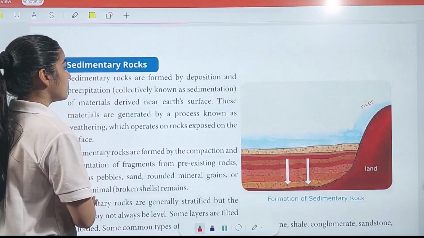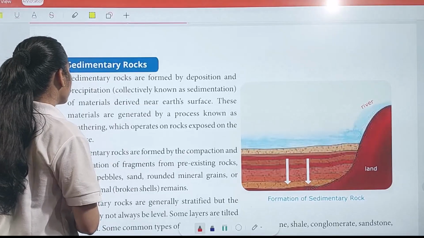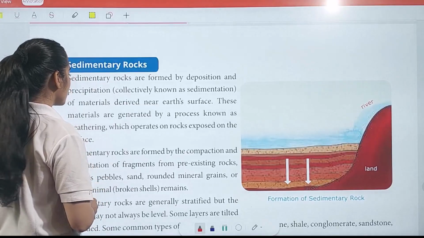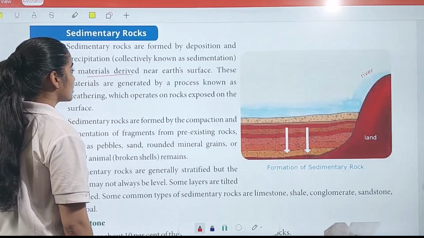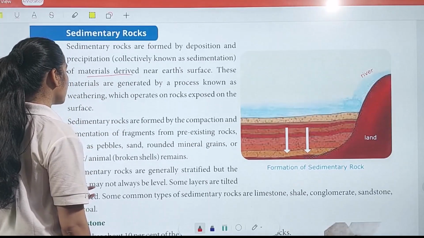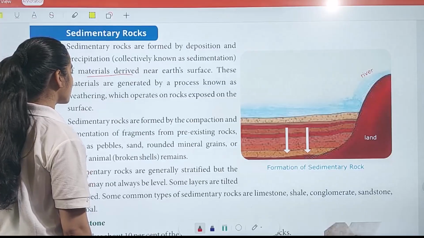Next kind of rocks we have are sedimentary rocks. Sedimentary rocks are formed by deposition and precipitation, collectively known as sedimentation, of material derived near Earth's surface. The material is generated by a process known as weathering, which operates on rocks exposed on the surface.